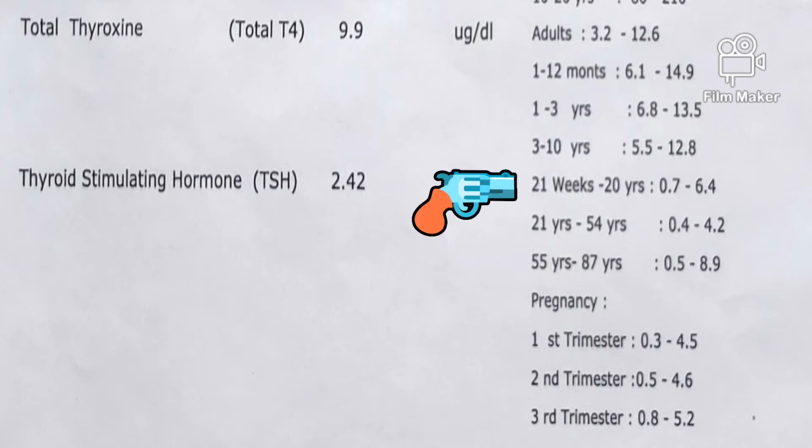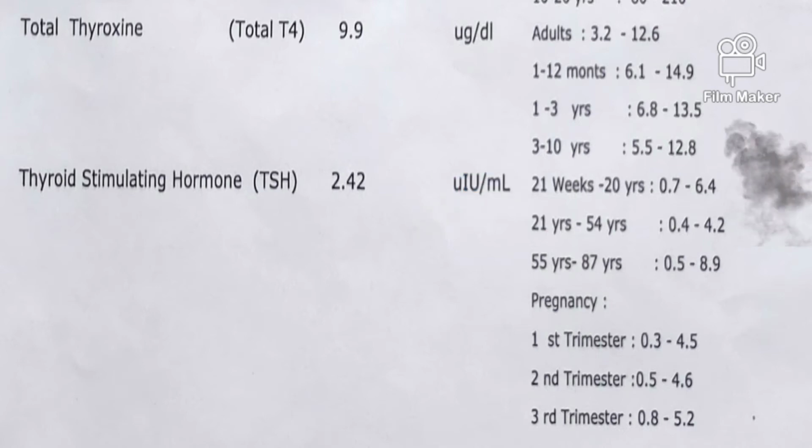In children between 21 weeks to 20 years of age, TSH levels are 0.7 to 6.4, and between 21 years to 54 years, TSH levels are 0.04 to 4.2, and in the age group between 55 to 87 years, TSH levels are 0.5 to 8.9 micro international units per ml.